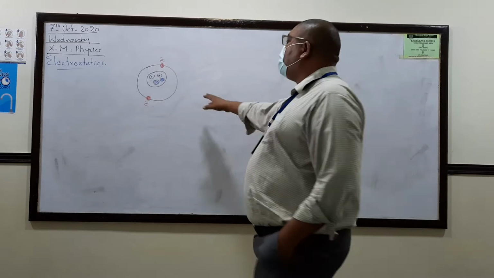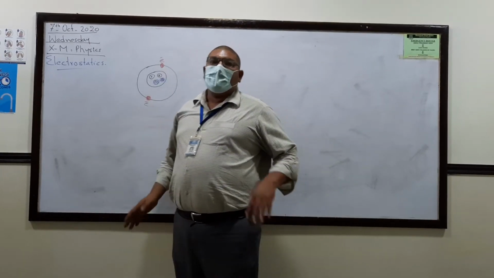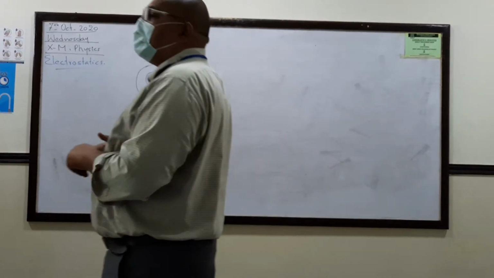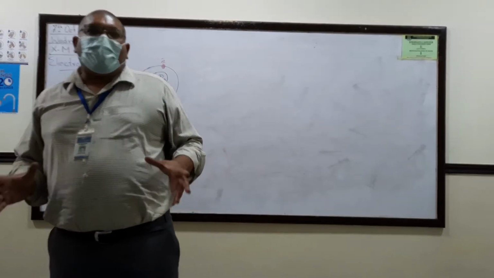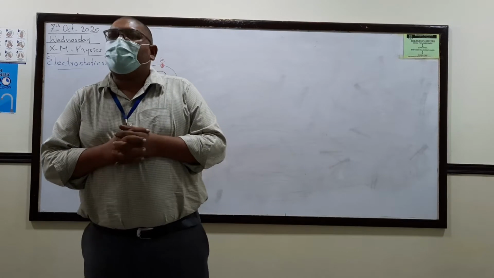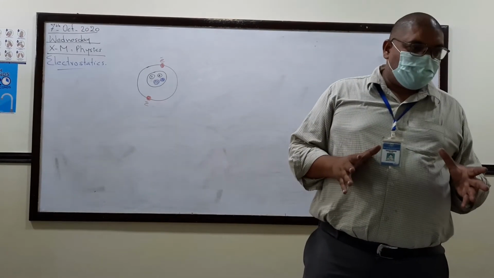In the nucleus we also have neutrons. The neutrons don't have any kind of charge. So whenever you have an atom, naturally the number of protons and number of electrons in an atom are equal.